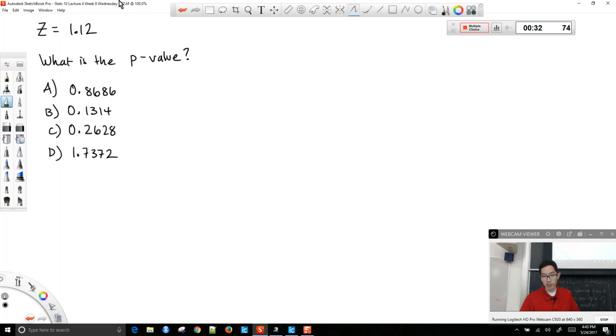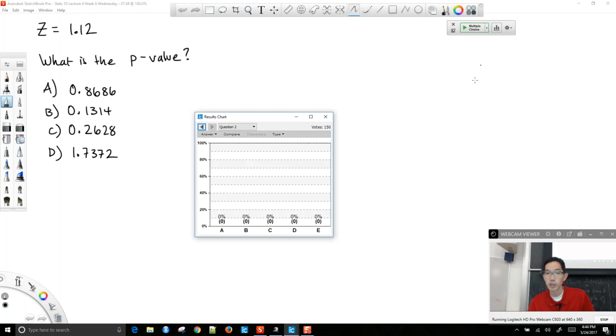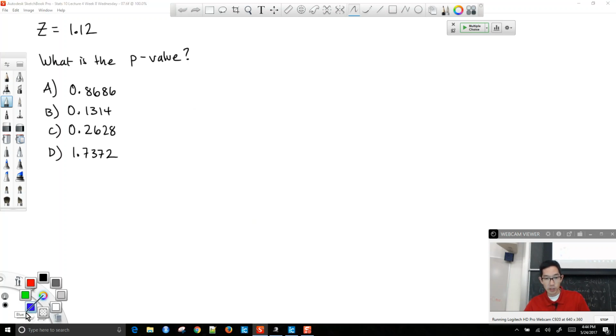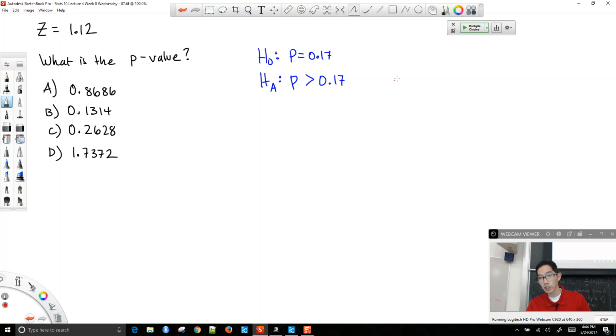Okay, I'm about to hit stop. And we'll take a look. Indeed, that is correct. When we look at our hypotheses, we have p is equal to 17%, but everything depends on what is written in the alternative. The alternative says that the proportion is greater than 17%, so it has a greater than sign.